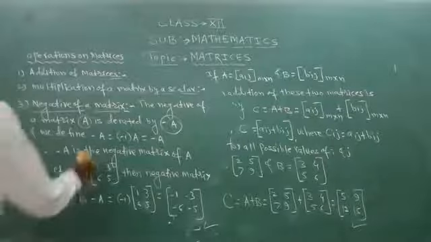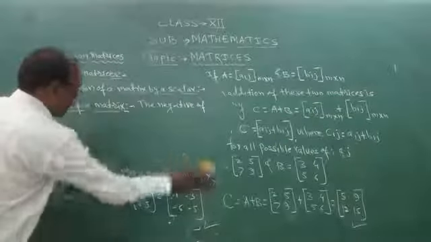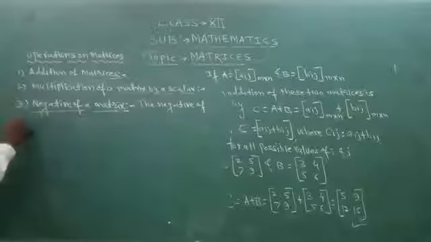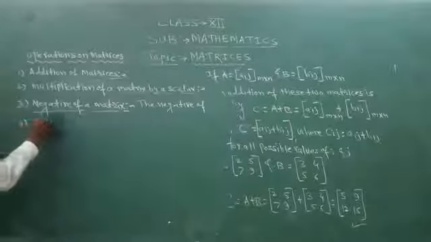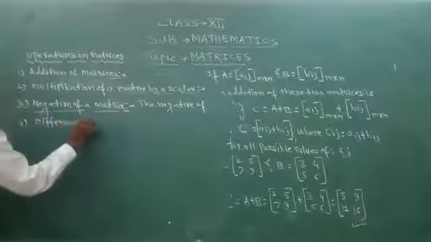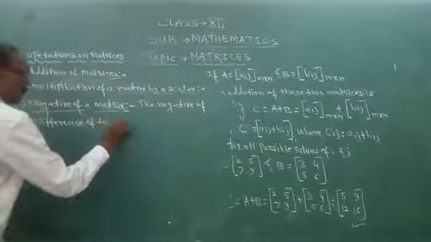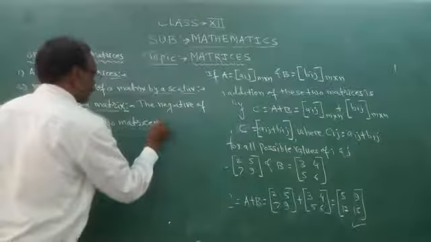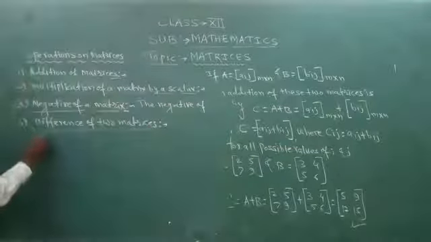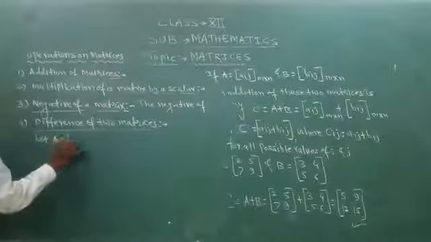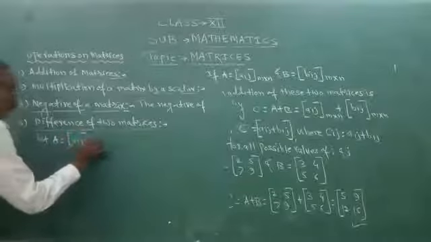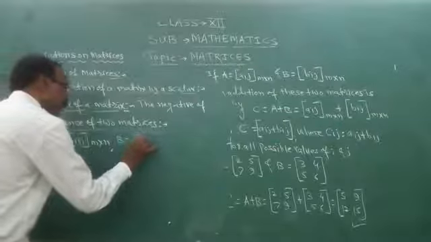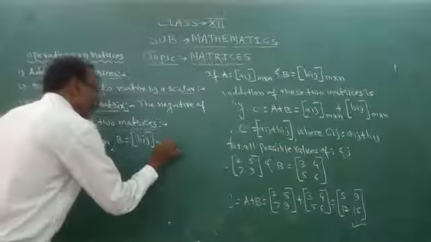Then the fourth one is difference of two matrices. Let capital A is equal to Aij of order m by n. Capital B is equal to Bij of order m by n.